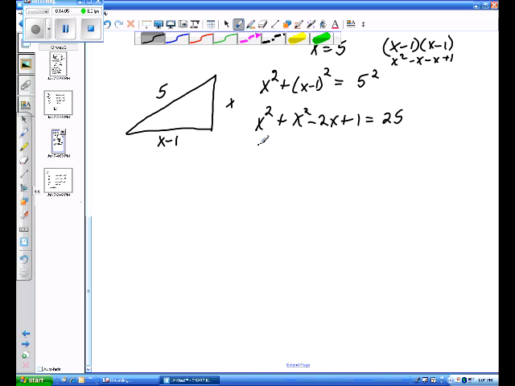Now we have a quadratic, so we have x squared minus 2x, and we need to get it equal to 0, so we'll subtract 25 from both sides. 1 minus 25 is negative 24.